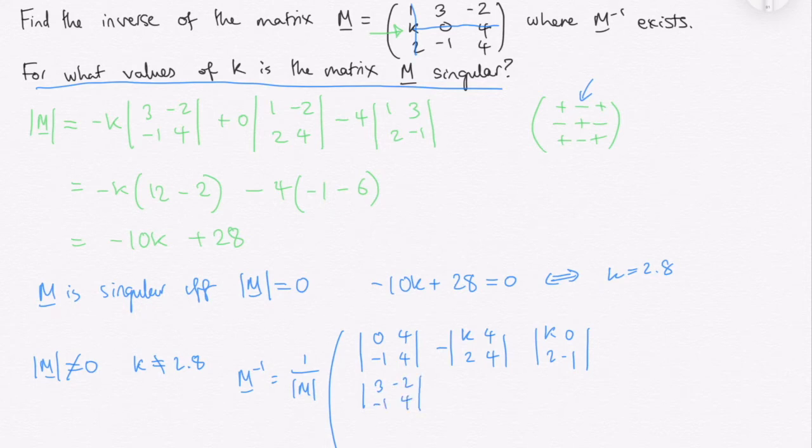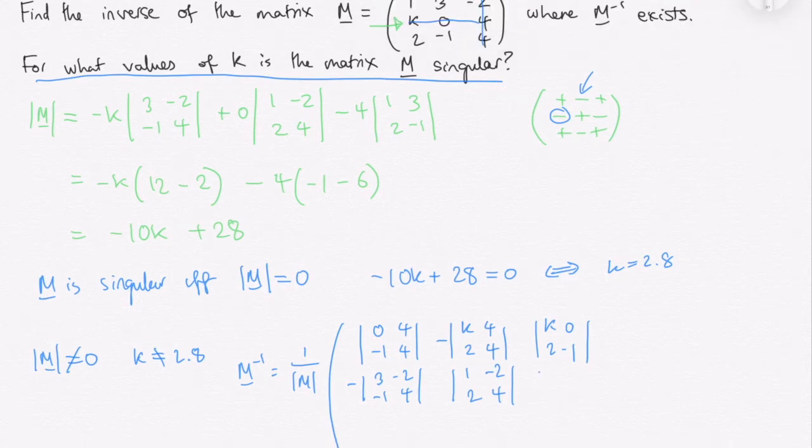But again, remembering our matrix of signs, this takes a negative sign. The middle element corresponds to the element 0. So this is the determinant of the matrix 1, negative 2, 2, 4. And then the cofactor corresponding to the element 4 is the determinant of the matrix 1, 3, 2, negative 1. But again, remembering this takes a negative sign.